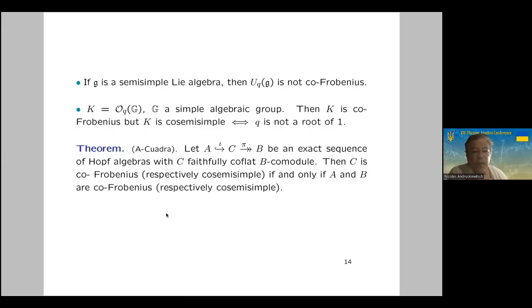In another paper with Juan Cuadra, we proved that if you have an exact sequence of Hopf algebras such that C is faithfully coflat as a B-comodule, then C is cofrobenius, respectively cosemi-simple, if and only if A and B are cofrobenius, respectively cosemi-simple.